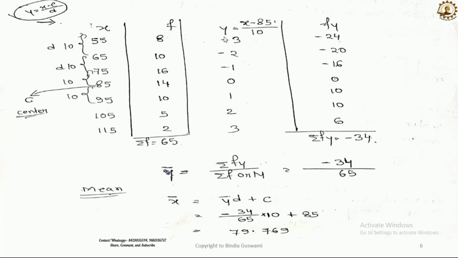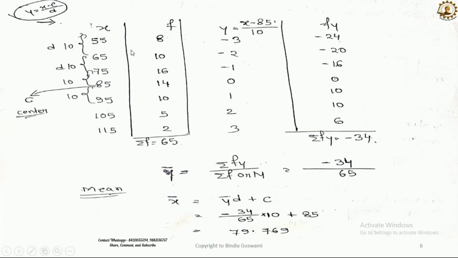Now it's needed to calculate the summation of fy. That is y bar equals x minus c by d. If we don't consider fy or y, then it would be summation fx by f. Now come to the main point of y. How will we get the value of y? y equals x minus c by d.